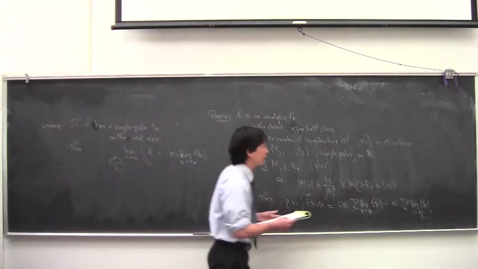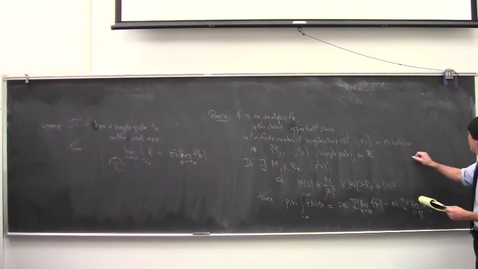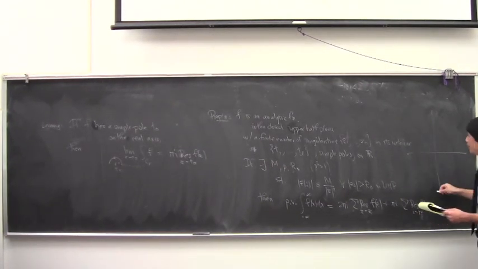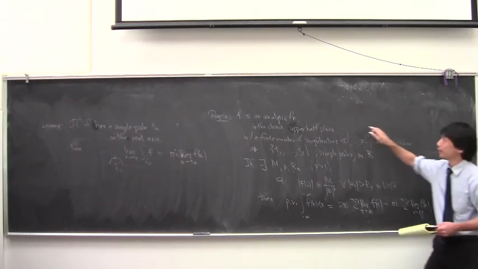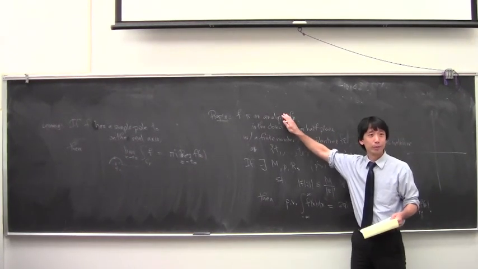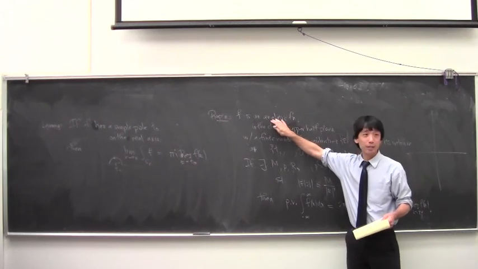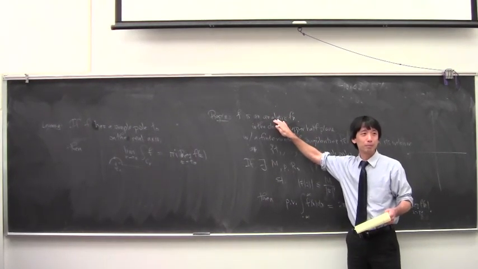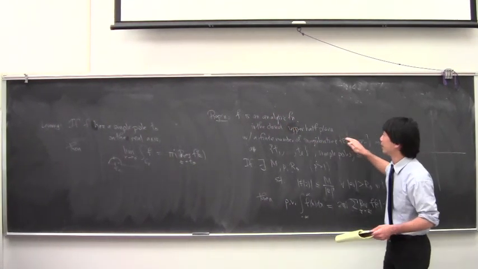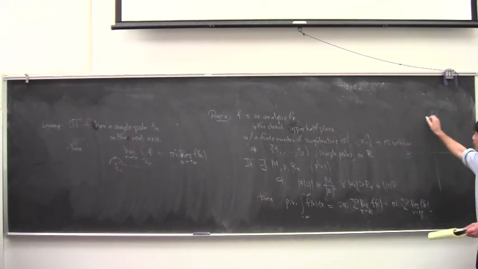But let me sketch out the picture. So you have this function. It's an analytic function. For those of you who haven't been here, analytic is sort of like a differentiable function. It's on the closed upper half plane.